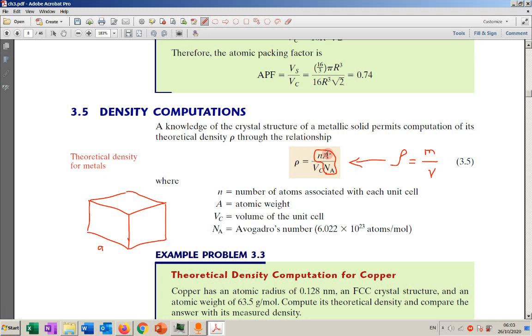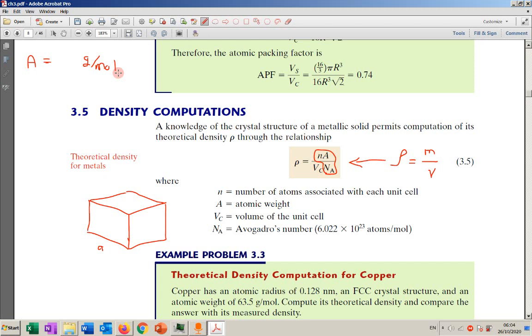Let me explain this one to see where it came from. Very simple. We first know the atomic weight. The thing related to weight that we have is the atomic weight, which is in gram per mole.